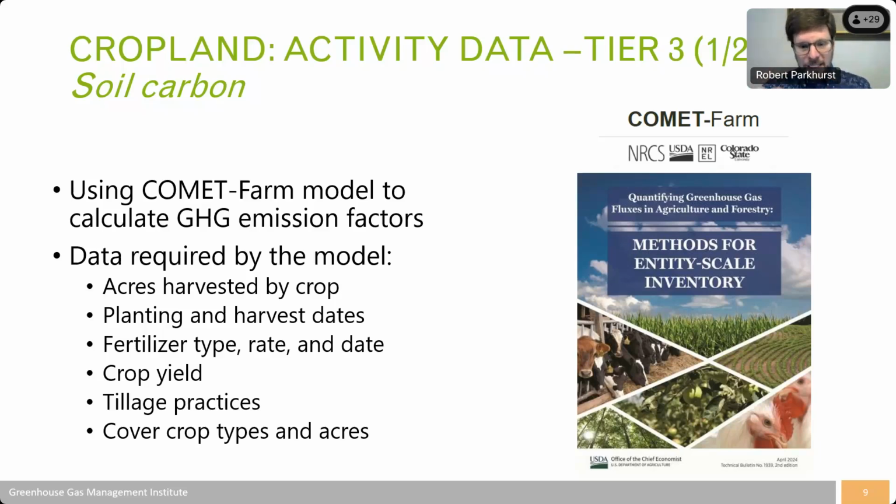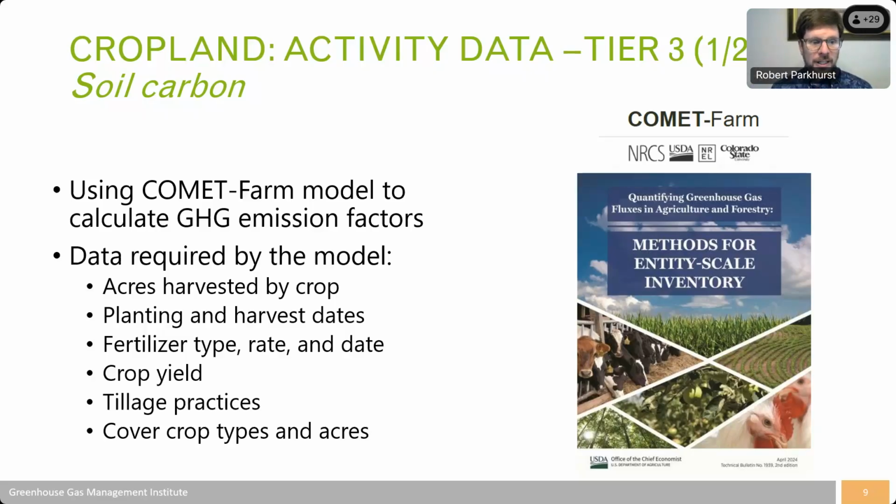Then those methods are put into the biogeochemical model called COMET-Farm, a user interface that allows you to take all this information and has all of the back-end calculations to get you the various soil carbon information for a given area.